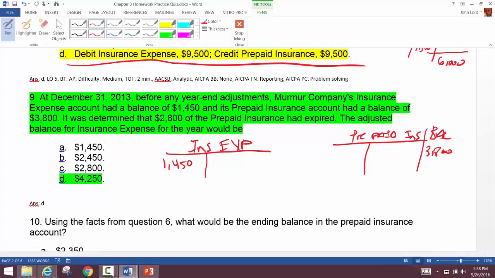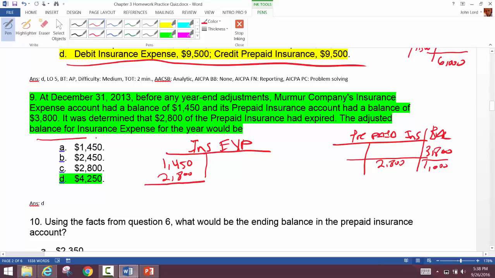Well, if $2,800 had expired, that means I should have done what? Reduce this asset for the amount that expired, shouldn't I? Shouldn't I credit that to bring it down to $1,000? This balance is now $1,000 because $2,800 expired. And since $2,800 expired, I have to debit insurance expense $2,800 over here, don't I?